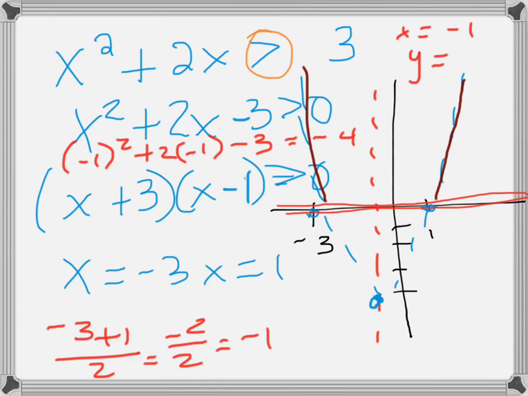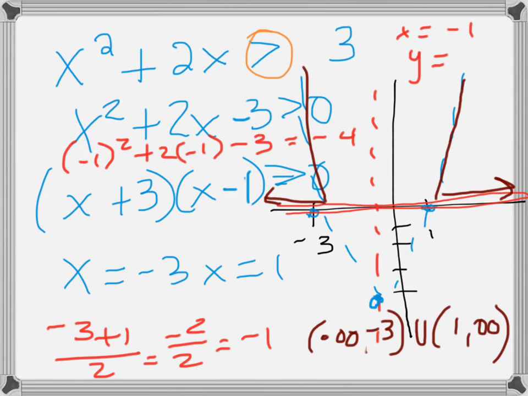We represent them by talking about their x values, because these are the y values that are greater than 0, and we say for x greater than 1, and for x less than negative 3. This gives us our solutions from negative infinity to negative 3 in union with 1 to infinity.